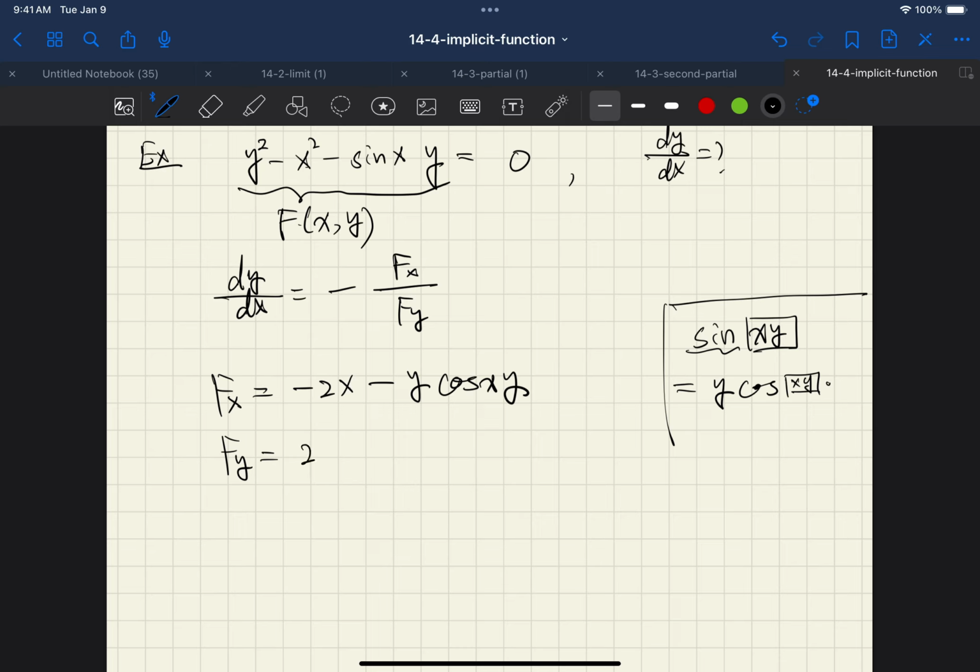Now fy, where y is a variable and x is constant. So y squared gives 2y, and negative x squared becomes 0, and negative cosine xy with chain rule, the xy derivative with respect to y means x is the coefficient.